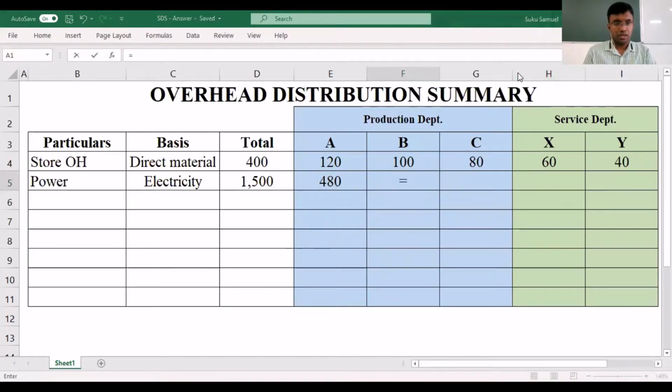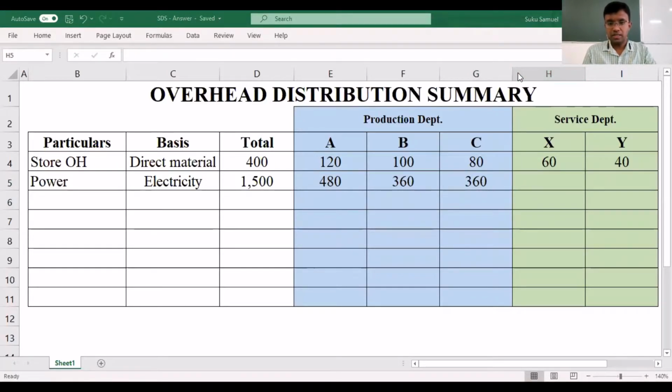Next one, it is 6,000 divided by 25,000 into 1,500. So that is 360. Next one, here again it is 6,000 divided by 25,000 into 1,500. So this is again 360.